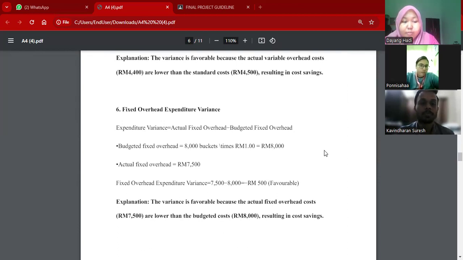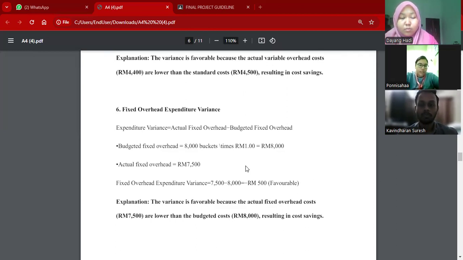Okay, moving to the fixed overhead expenditure variance. For the expenditure variance, the formula is actual fixed overhead minus budgeted fixed overhead. The budgeted fixed overhead given is 8,000 buckets times 1 ringgit, so we got 8,000. The actual fixed overhead is 750 ringgit.